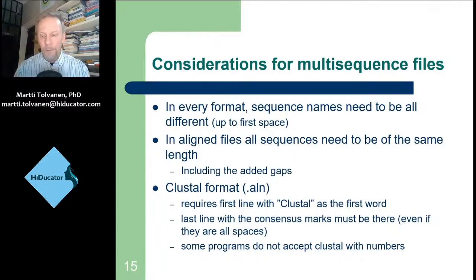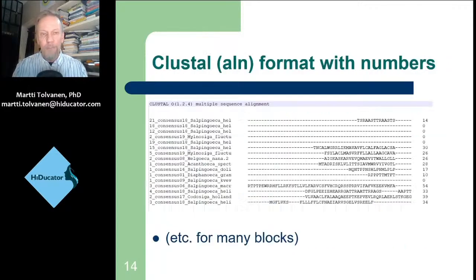When you have a cluster formatted file, there are some things you need to include if you're copy-pasting the full alignment from somewhere. One of them is the first line, which has to have cluster as the first word. It doesn't matter what the numbers are, cluster W, cluster O are just fine there.